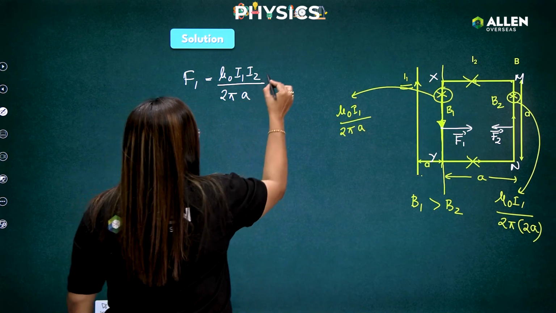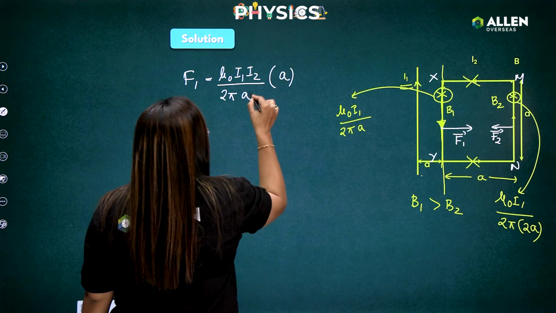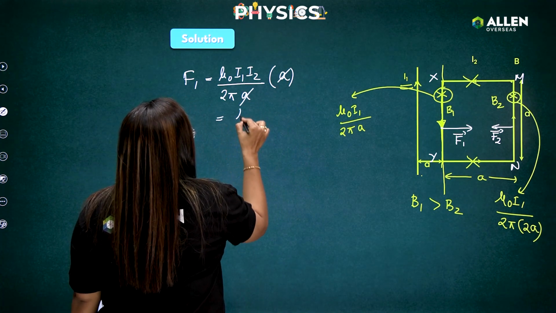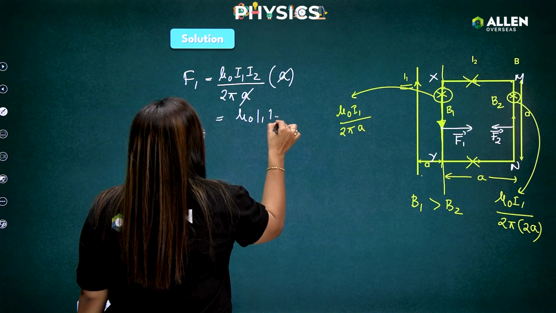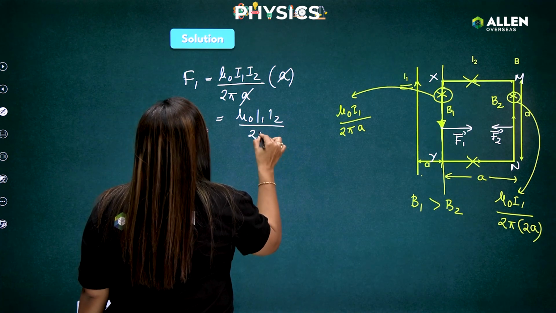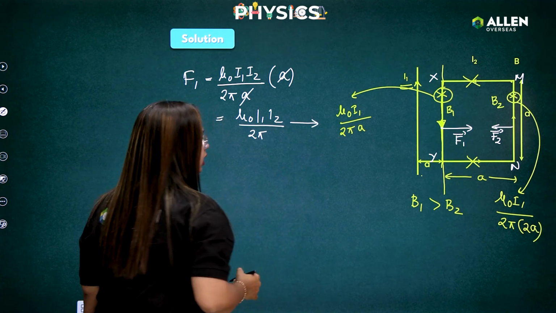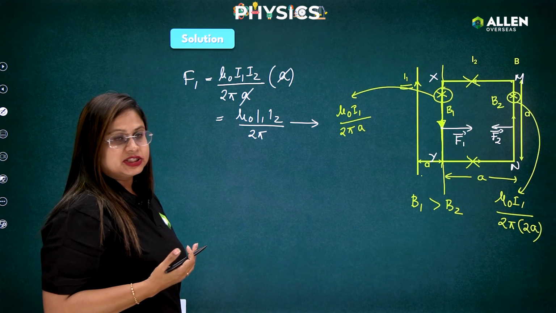So, you have to multiply it with A. So, this is mu naught I1 I2 divided by 2 pi, but this force is in the rightward direction because this is a repulsive force.